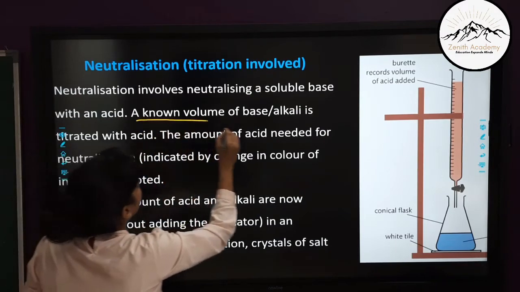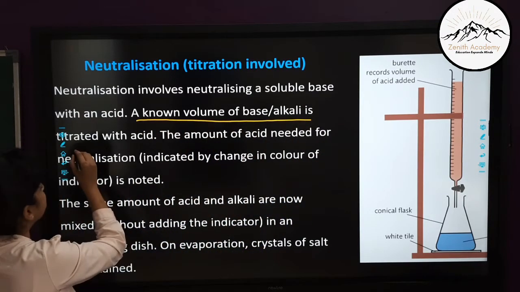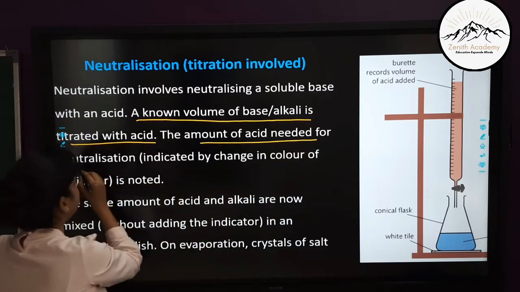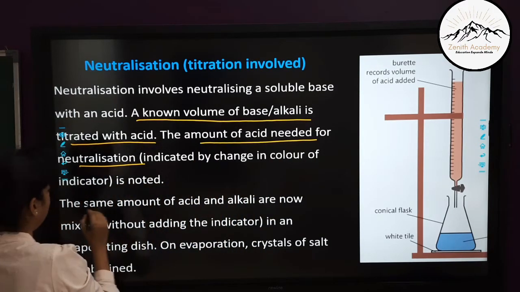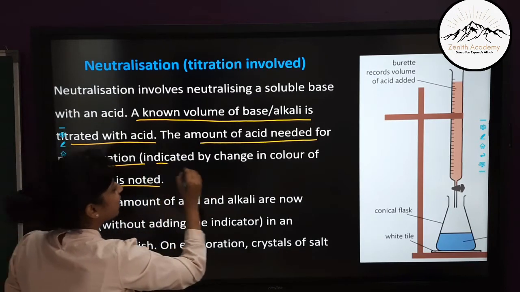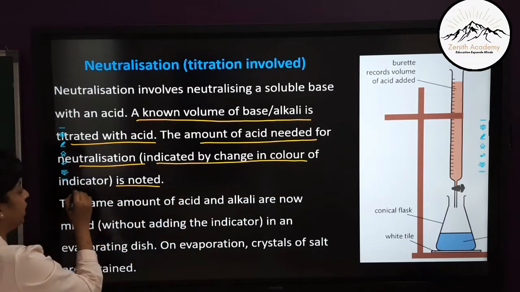So known volume of base or alkali is titrated with acid, and the amount of acid needed for the neutralization is noted. Now how do we know how much acid is needed? It is indicated by change in color of the indicator.